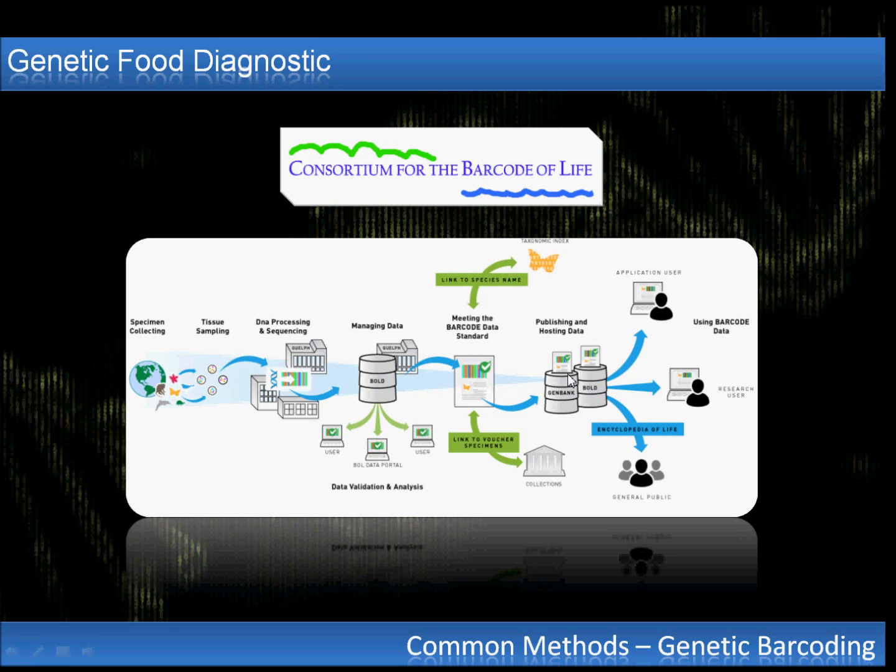If this data is available in a database, we just would have to amplify this region with our sample and check the sequence data with the database. That's the principle of barcoding. The problem is that in plants there is no fixed barcode region.